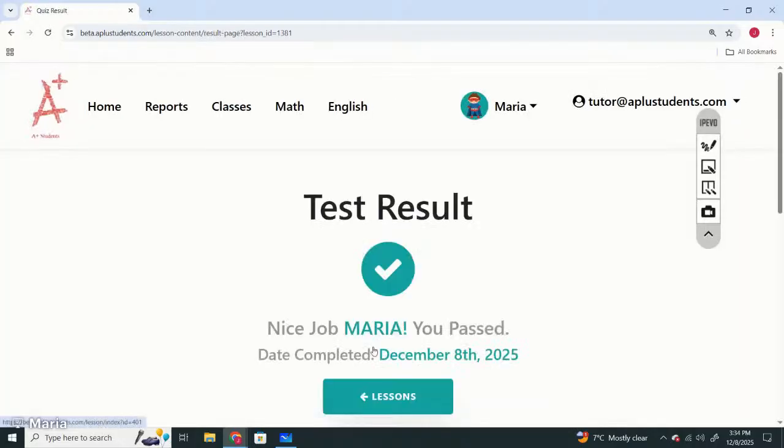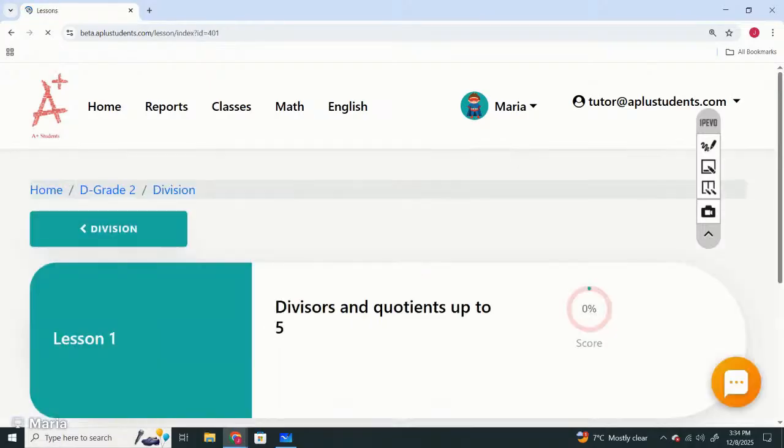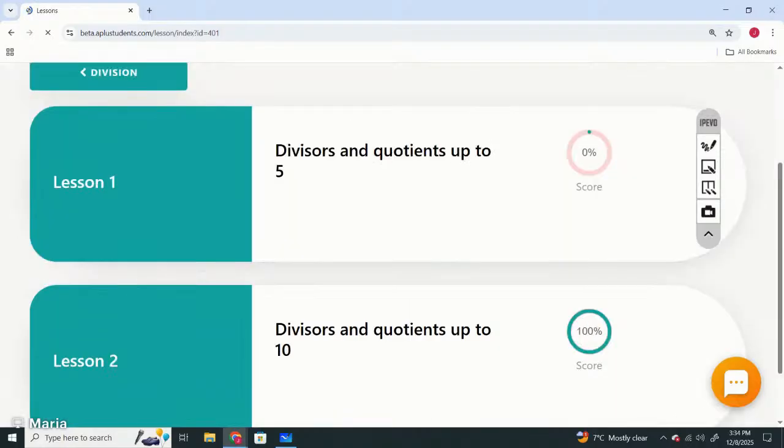Okay, we are done with the lesson. So we were working on grade 2 math. The chapter we were working on is division. The lessons we have covered today are divisions, divisors and quotients up to 10. So if you have any questions, please ask. I'm here to answer all your questions and confusions if you have any.